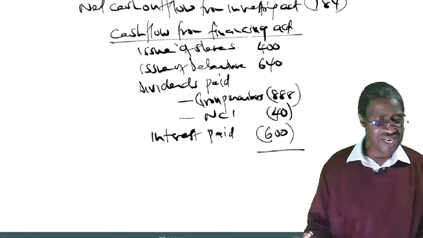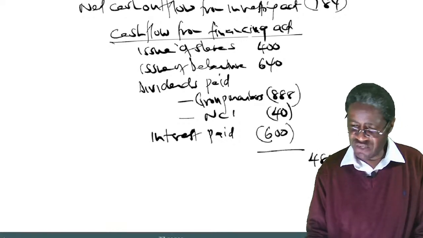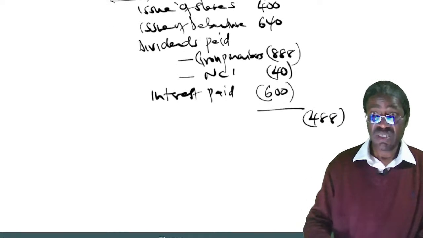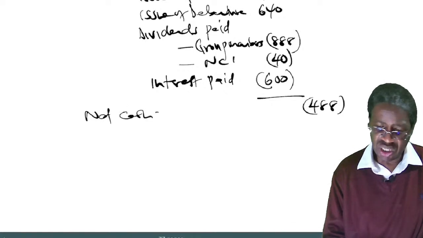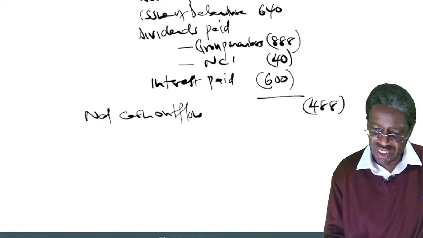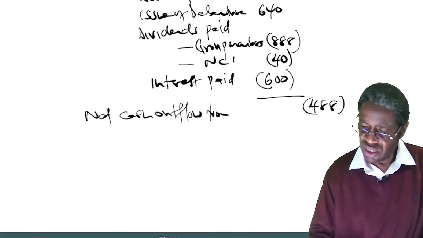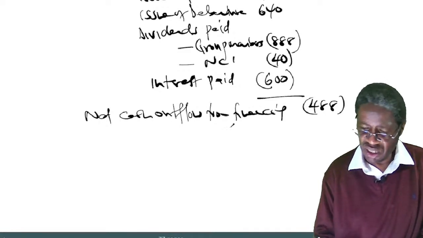I'm remaining with a negative 488. If it's negative, we said you call it net cash outflow from financing activities.